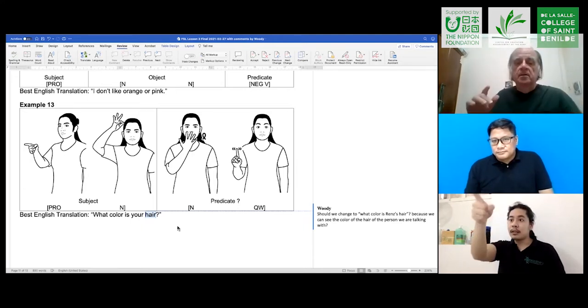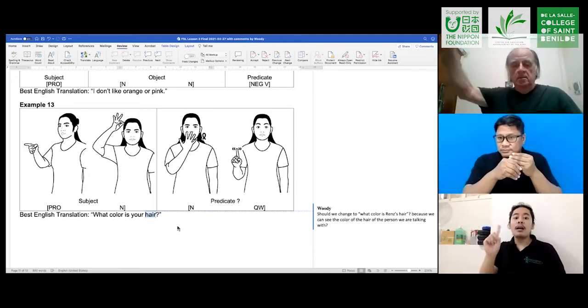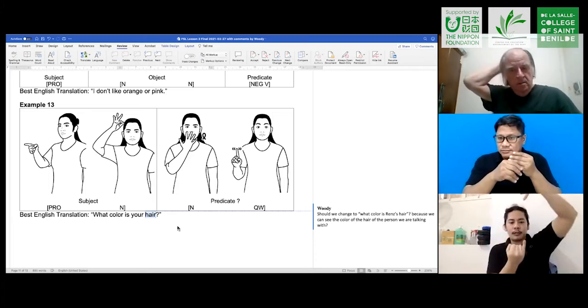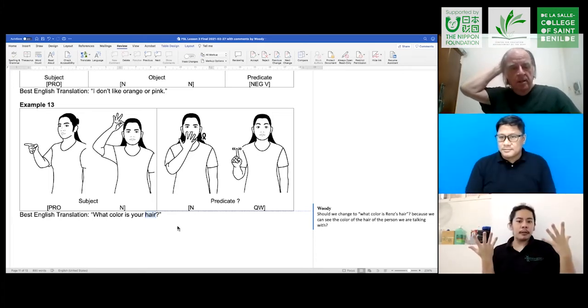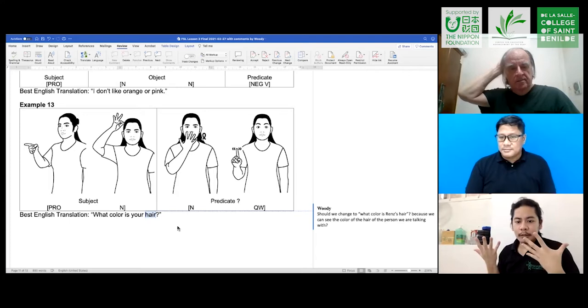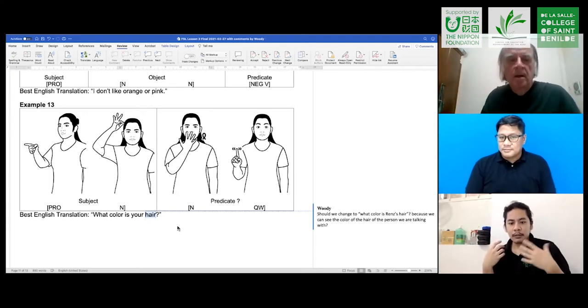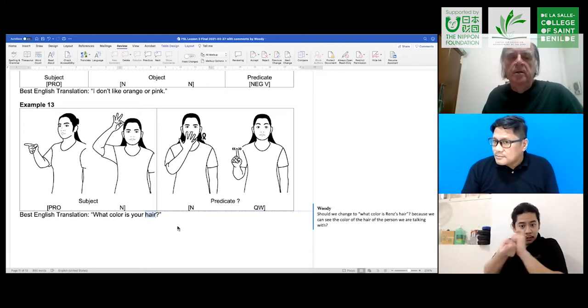So, in terms of the placement and the lines in between each sign, it'll be the same.